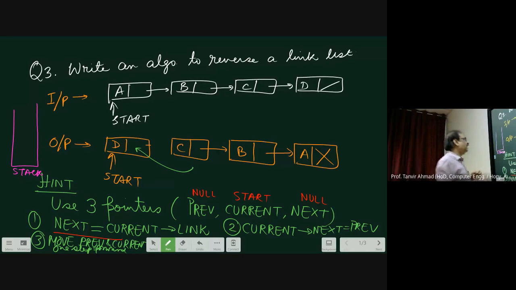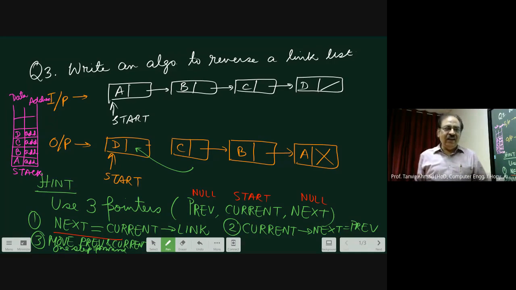Therefore, I can maintain a double stack like this, where this part is the data and this part is the address of that node. As and when I move, I will put data over here and the address over there. Then again data over there, address over there.